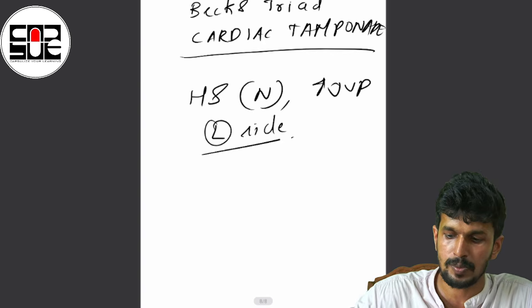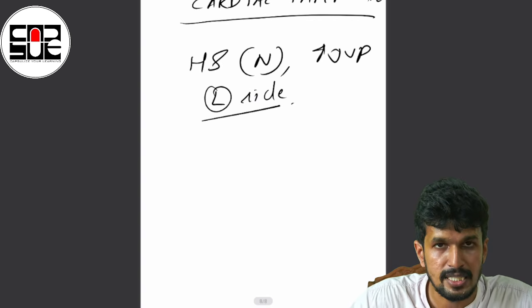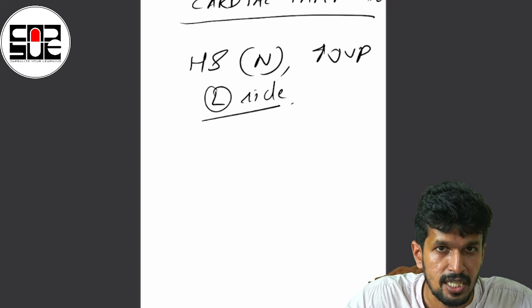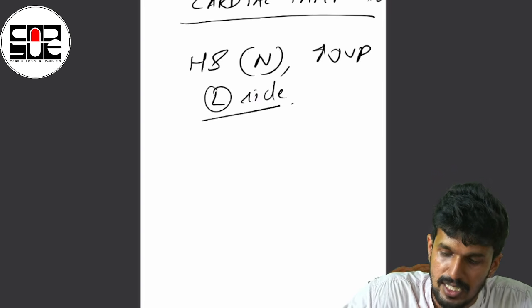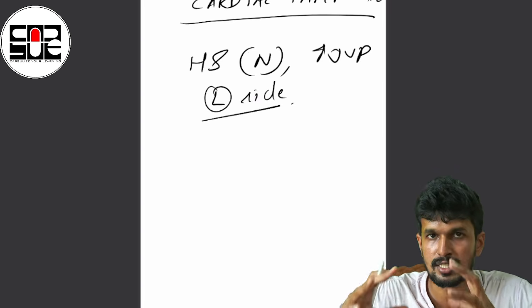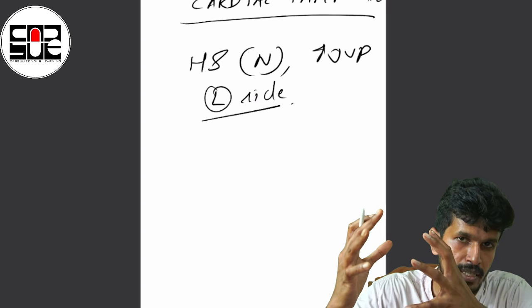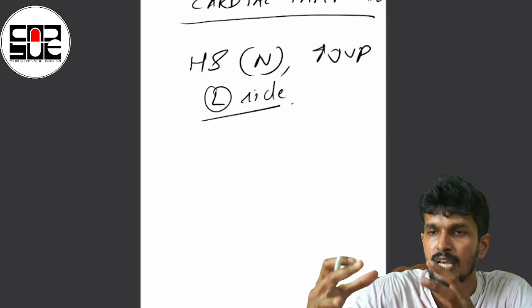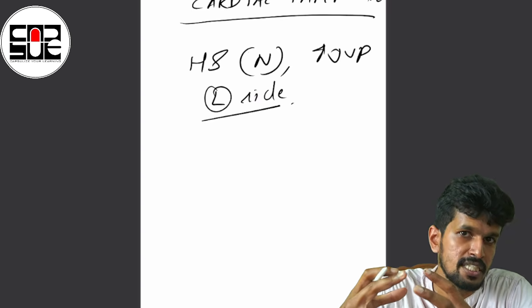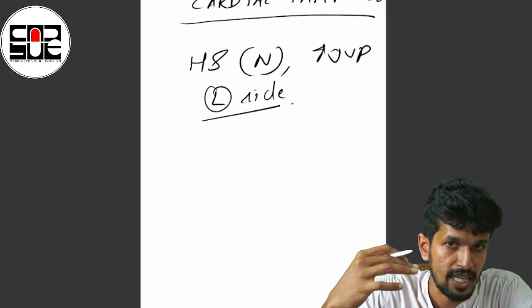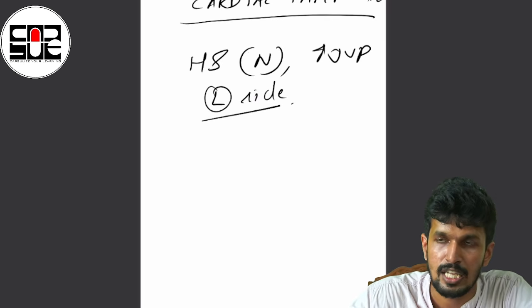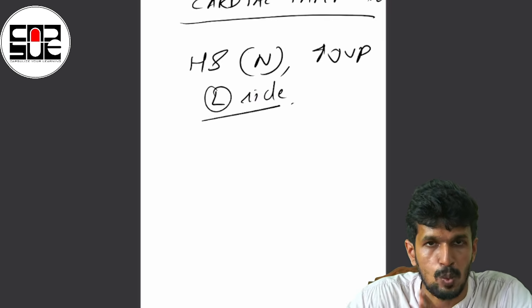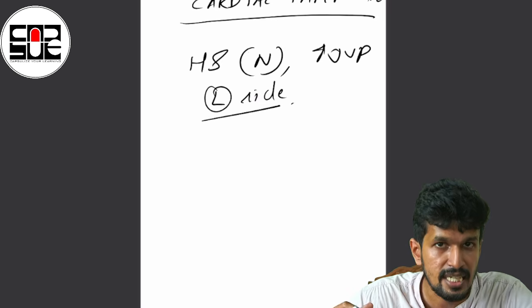Why do we call this obstructive shock? How does the patient go into hypotension here? Whenever there is a tension pneumothorax or a cardiac tamponade, these are causing pressure on the inflow mechanism of the heart. That is, the superior vena cava or inferior vena cava is getting compressed. So the inflow preload is getting decreased.